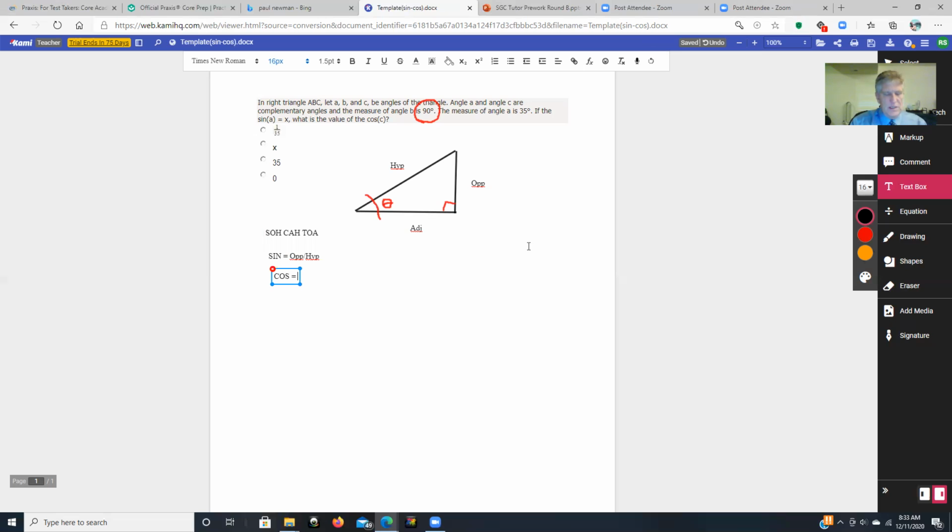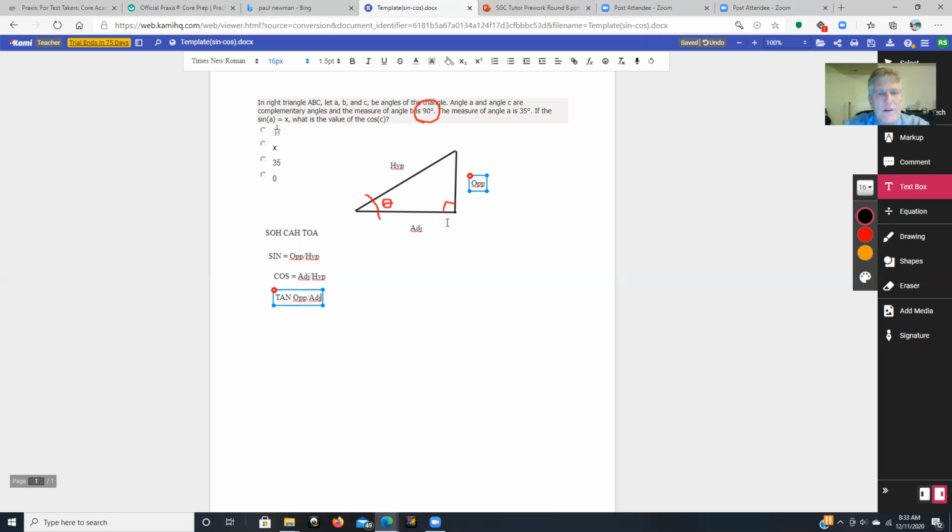So that's going to be adjacent over hypotenuse. The one next to it is adjacent over the hypotenuse. And then our last one, tangent, is going to be the opposite over adjacent.